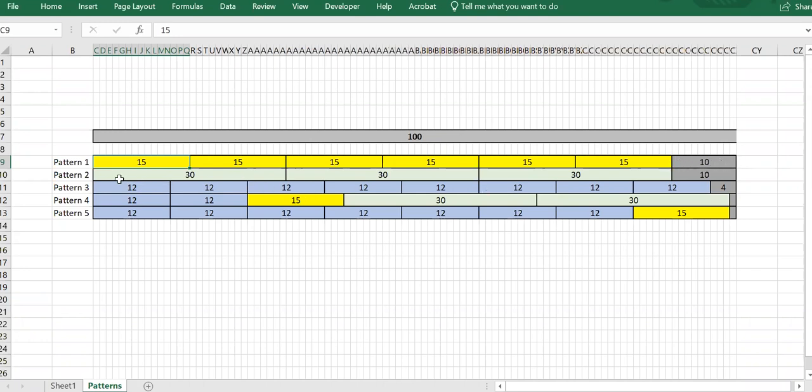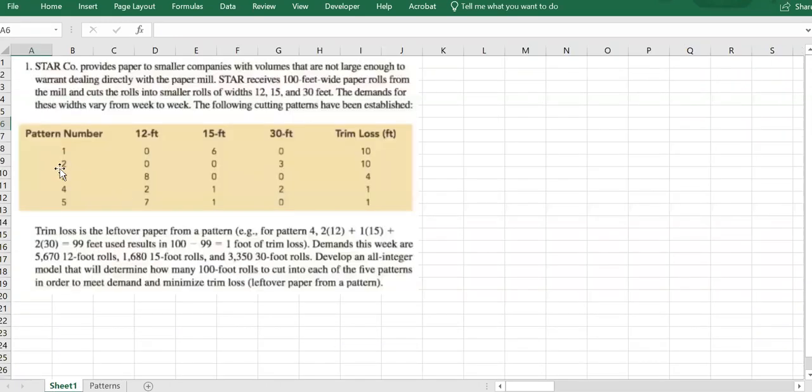The second pattern, so let me just go back to the question here. The second pattern, there's no 12 feet, no 15 feet, only 30 feet rolls, right? And then there's going to be 10 feet of trim loss.